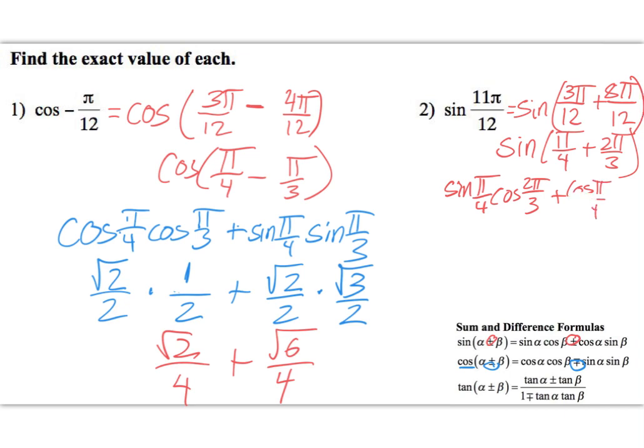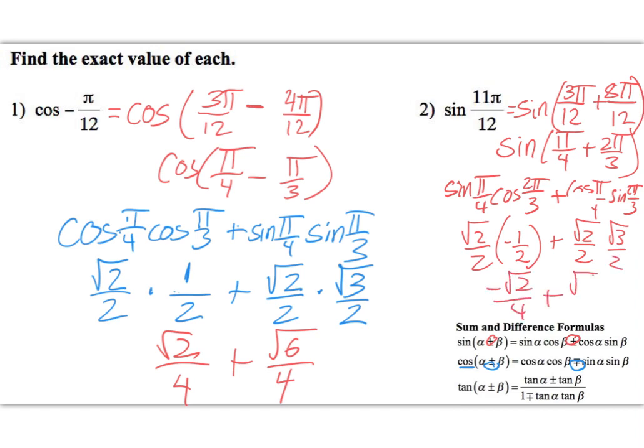Very sloppy writing. And then sine 2 pi over 3. All right, so we've got root 2 over 2. Cosine of 2 pi over 3 is going to be negative a half. And then we've got root 2 over 2, and sine is going to be root 3 over 2. That gives us negative root 2 over 4 plus root 6 over 4, and those magic numbers again.